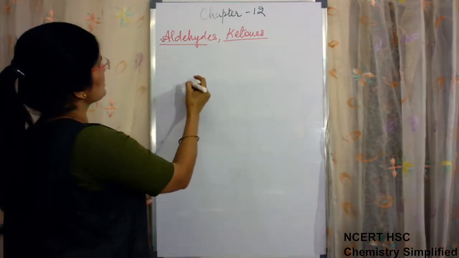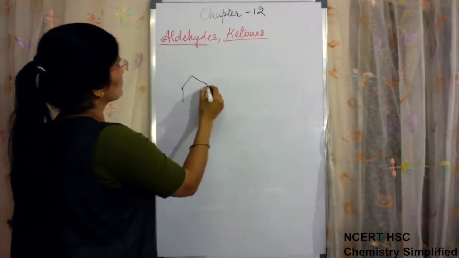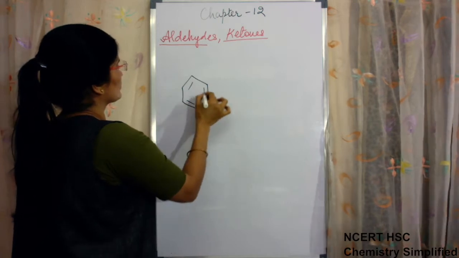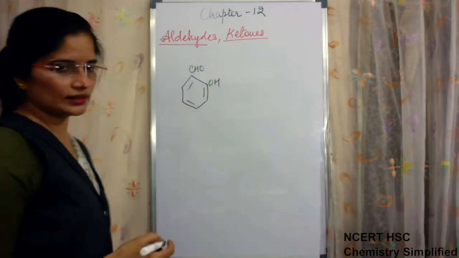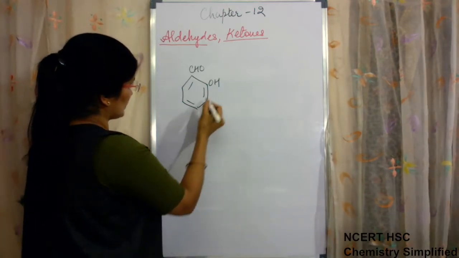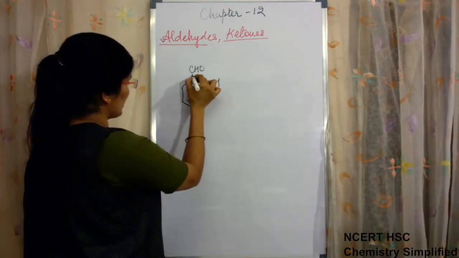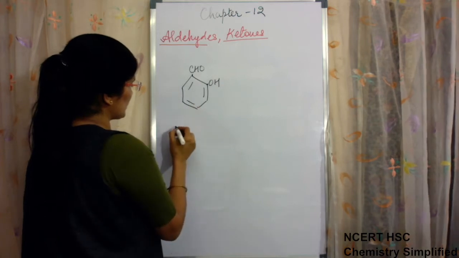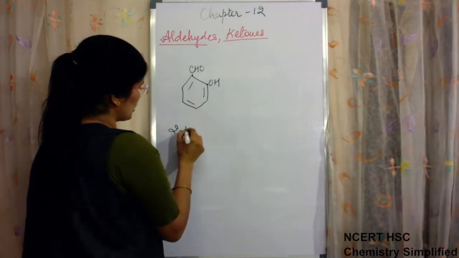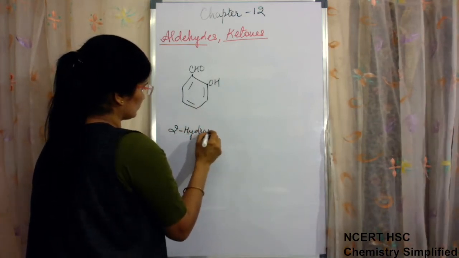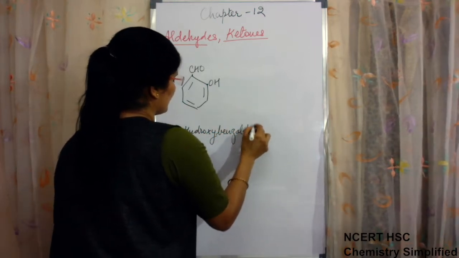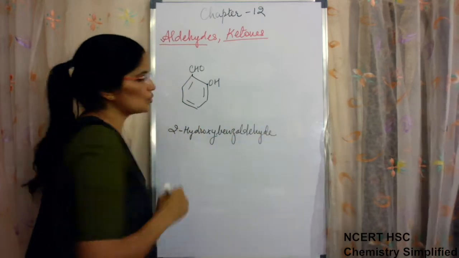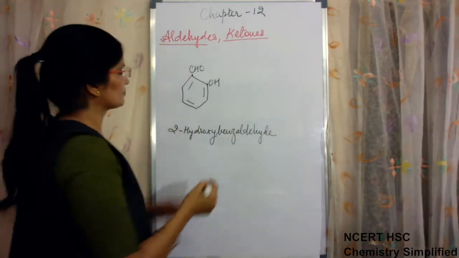More examples we take. This is an aldehyde. OH group is attached here, on the second carbon. This is the main functional group, so this will become hydroxy. So this is 2-hydroxy benzaldehyde.